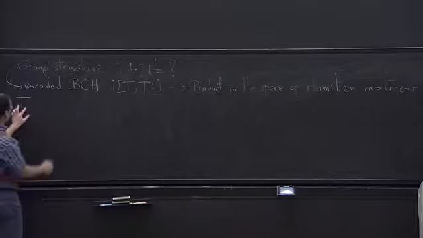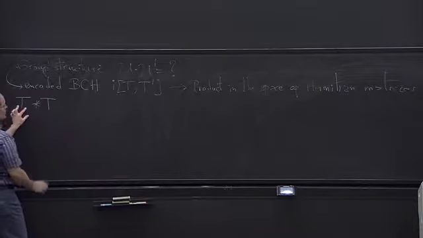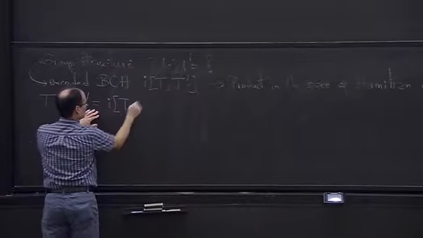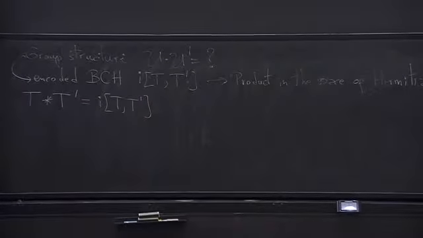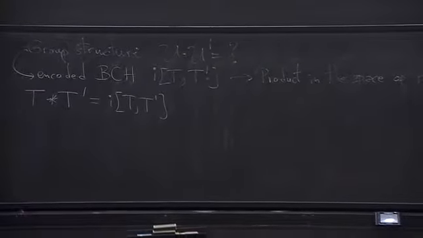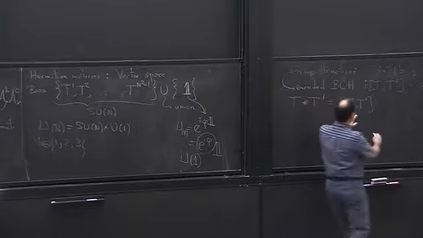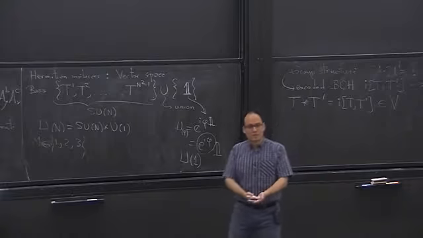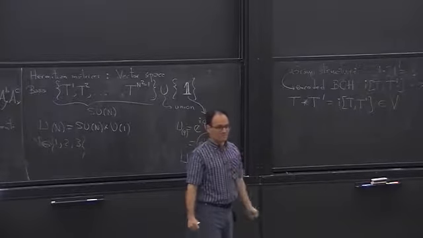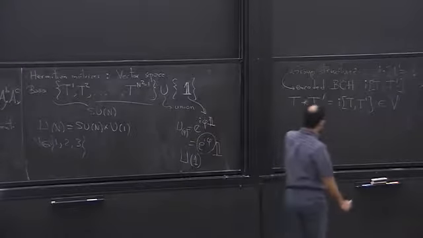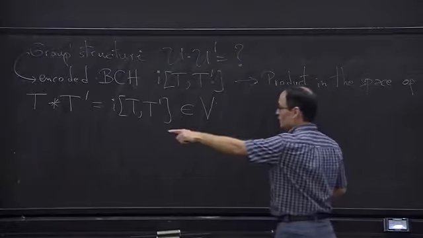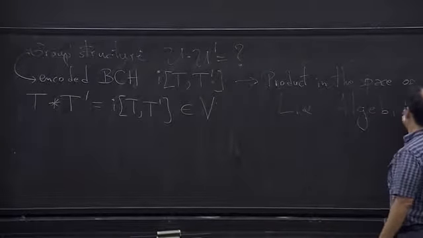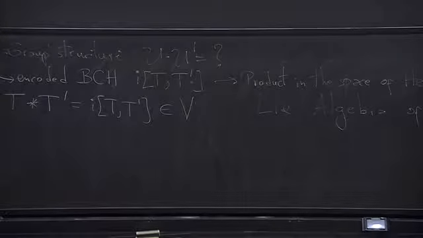So we can say an element in the vector space times another element in the vector space, which I now define as this object, clearly can be expanded in my basis. It also belongs to the vector space. So a vector space endowed with a product is called what? An algebra. So instead of studying the groups, we can study the Lie algebra of UN. And that's what we're doing.